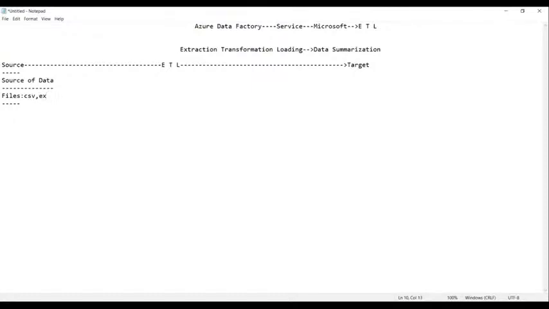CSV files, Excel files, and tab delimited files, which we call TSV files, standing for tab separated value files. And XML files, which stands for extensible markup language.